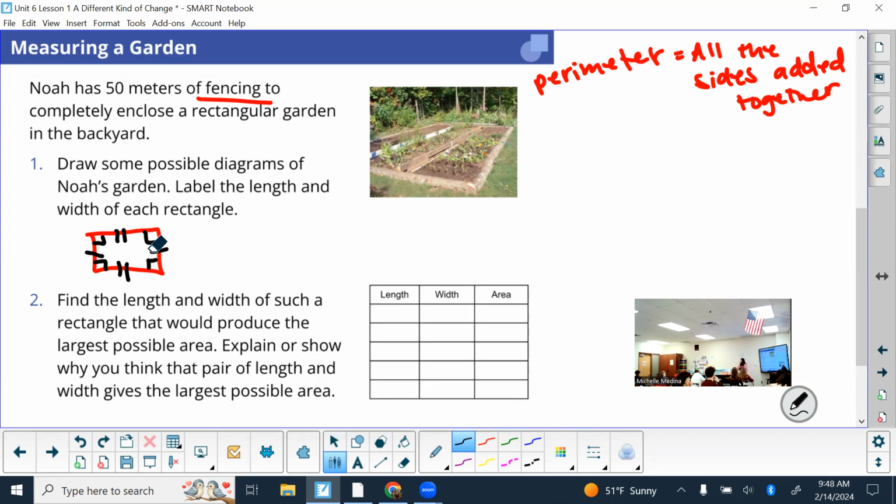So, John, give me one of the combinations for the length and width for the rectangular garden. If I need to have a perimeter of 50, what's a possible length and width I can have? Or can you give me at least a length and then we can problem solve the width?